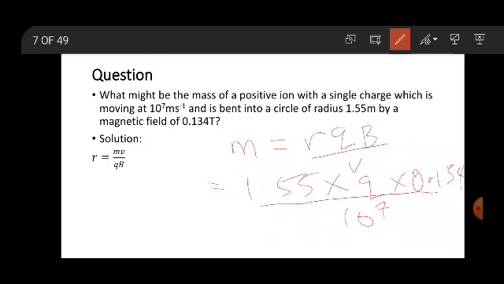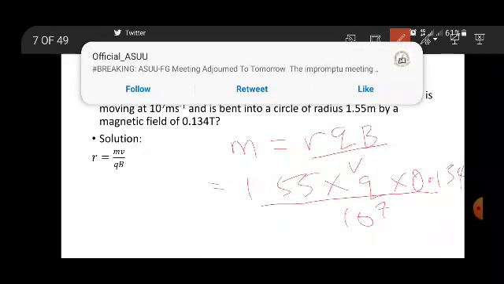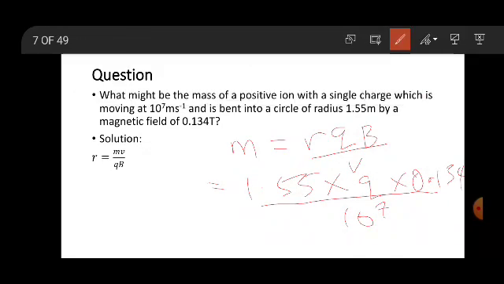We're going to leave our answer in terms of Q. So while I calculate this with the calculator, 1.55 multiplied by 0.134, then divided by 10 raised to the power 7, I'm getting 2.077 times 10 raised to the power minus 8 Q kilogram.